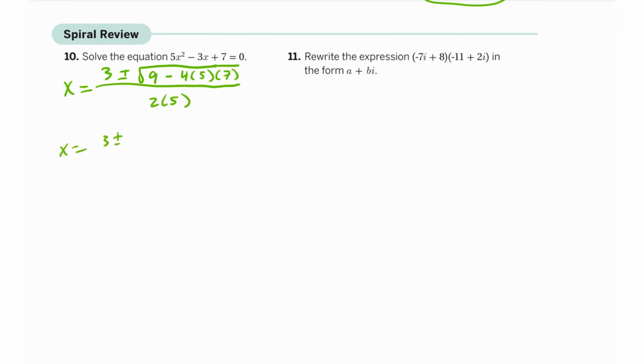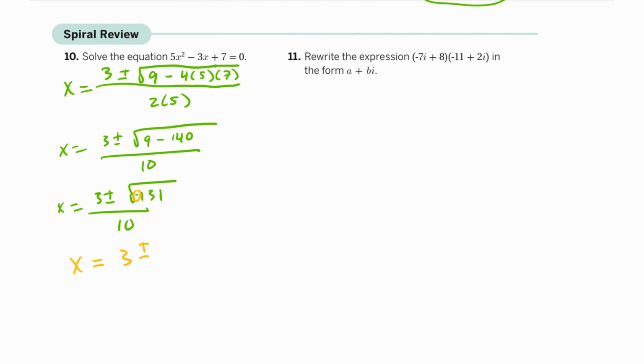So when I do this, I'm going to start simplifying some pieces here. 4 times 5 is 20, and 20 times 7 is 140, over 10. Inside that square root, I'm now subtracting these to get negative 131 over 10. And the only real thing I can do to simplify this a little bit more is to get rid of that negative inside the square root. We know that that's going to then become i on the outside, all over 10.